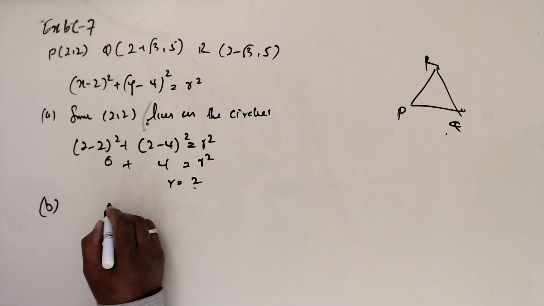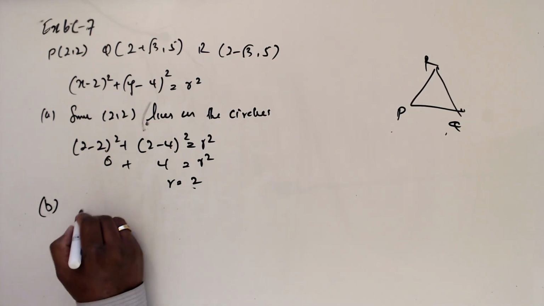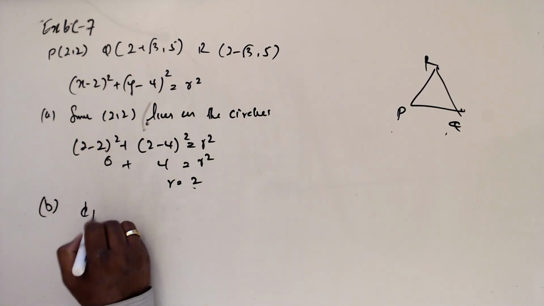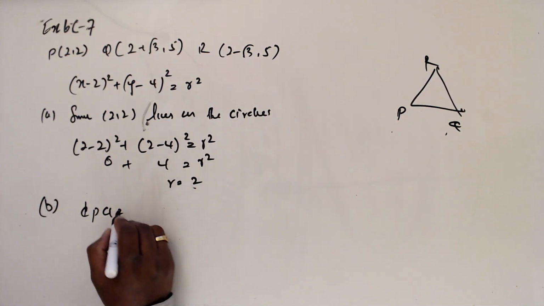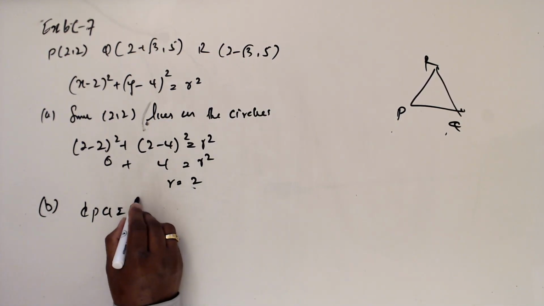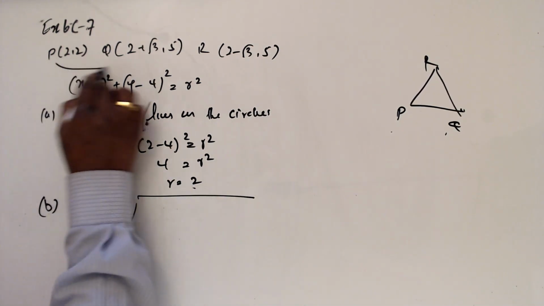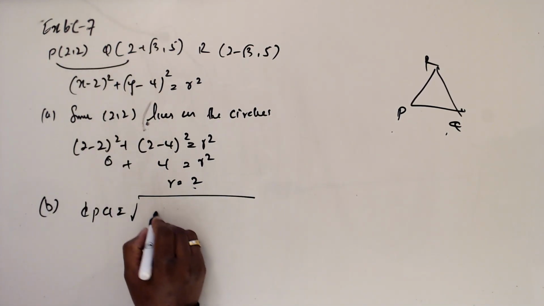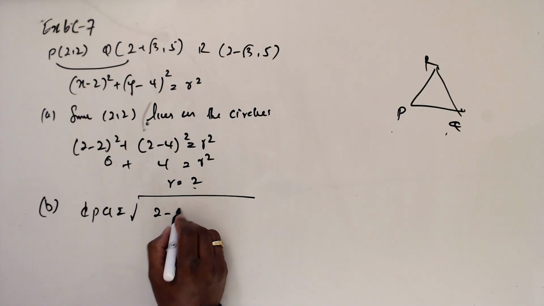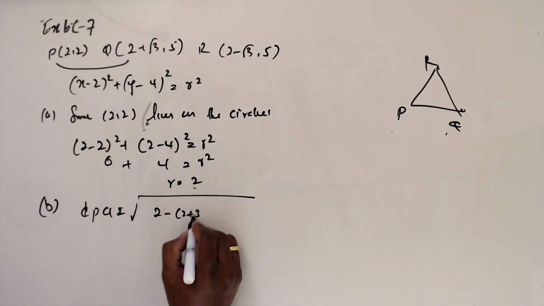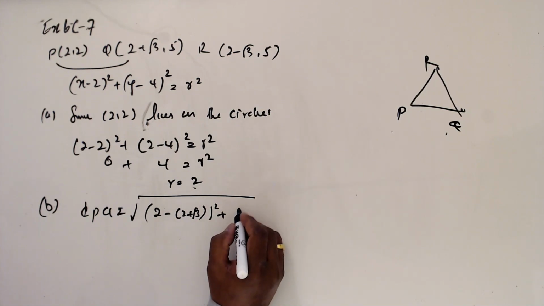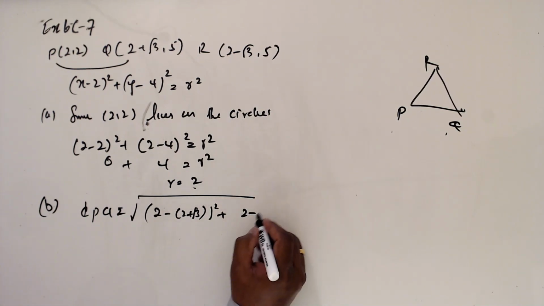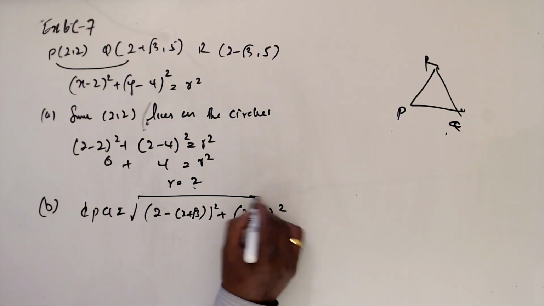So first of all, we'll consider PQ, the distance of PQ equal square root of (2 minus 2 plus square root 3) square plus (2 minus 5) square.